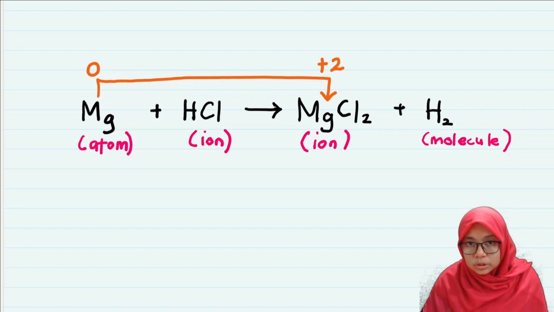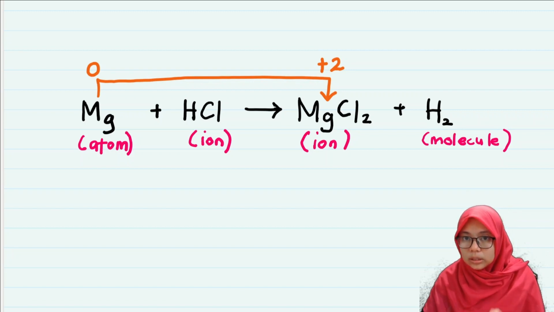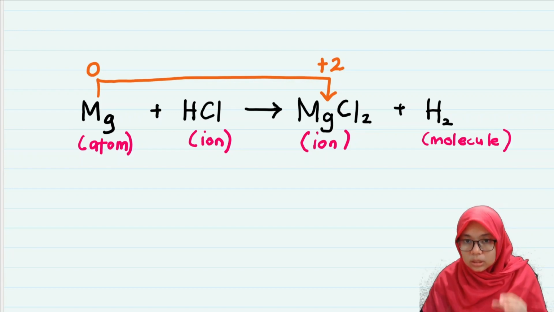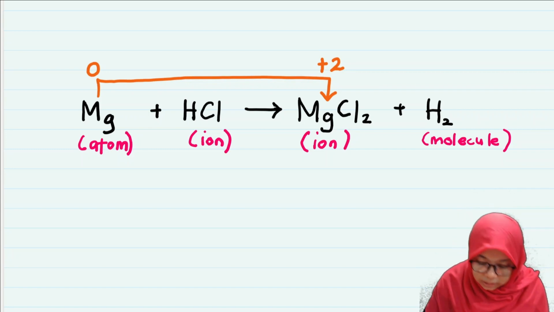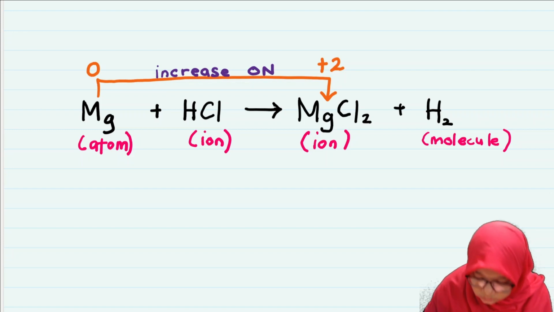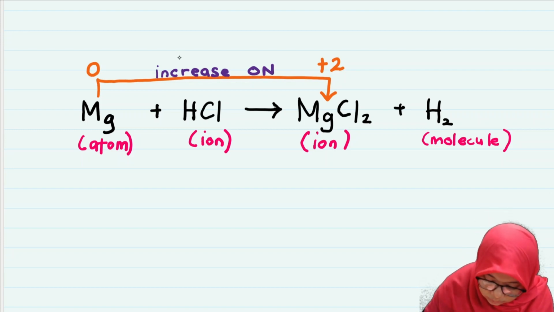So the definition of oxidation number in terms of change in oxidation number is that when the oxidation number increases, the reaction is an oxidation reaction. So in this reaction, there is an increase in oxidation numbers, so the reaction is an oxidation reaction.